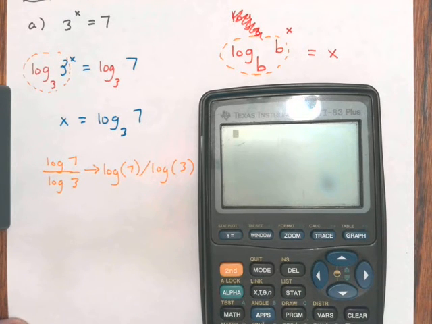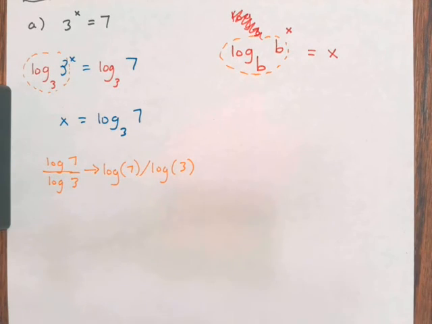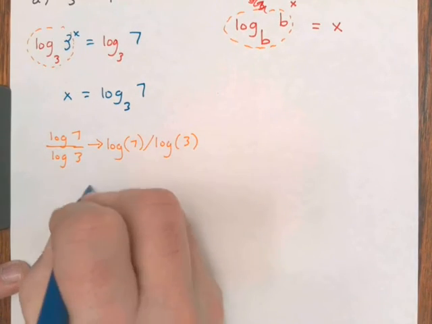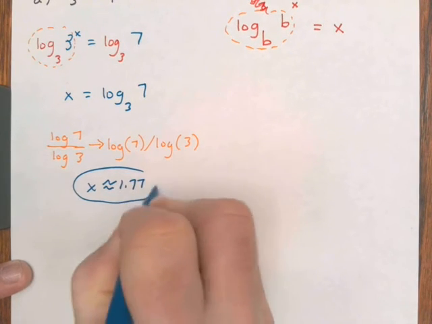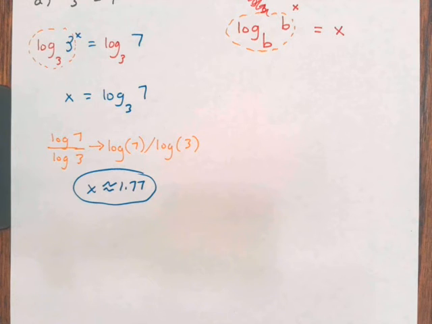We're going to do log of 7 divided by log of 3. And then we'll round that off to 2 decimal places. So that is approximately equal to 1.77. And that's our final answer on that one.